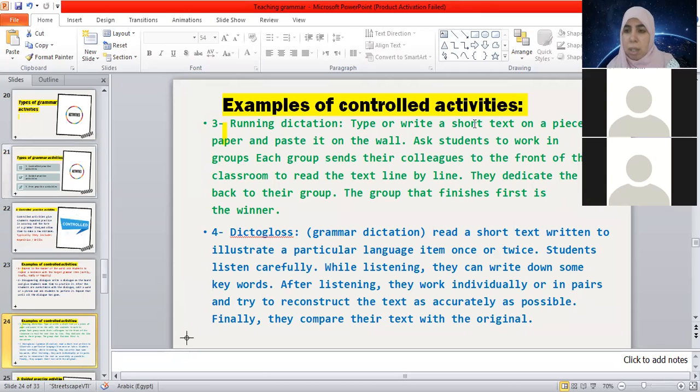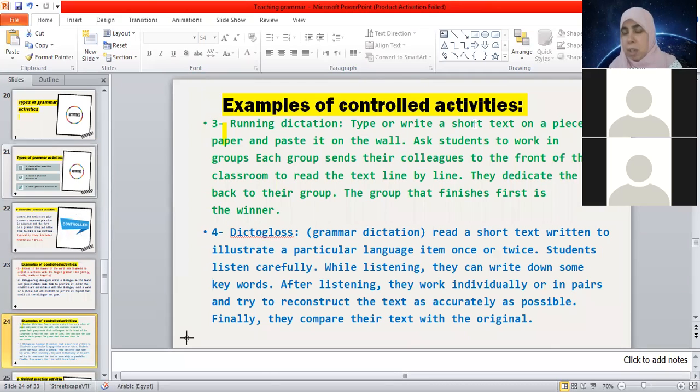So each time the students run to the board or to the end of the classroom to the text, read one sentence and tell the group, his group or her group, this sentence. The first group that finishes faster is the winner.